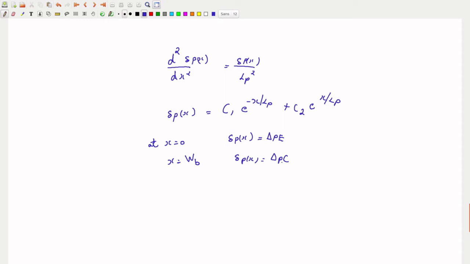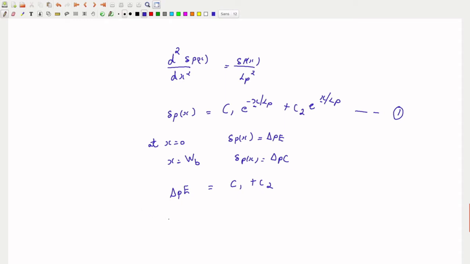Now applying these boundary conditions, we will get two equations. Applying x is equal to 0 in the solution equation 1, we will get delta Pe is equal to C1 plus C2, because in place of x we are putting 0. So e raised to 0 is 1, so we will have C1 plus C2.